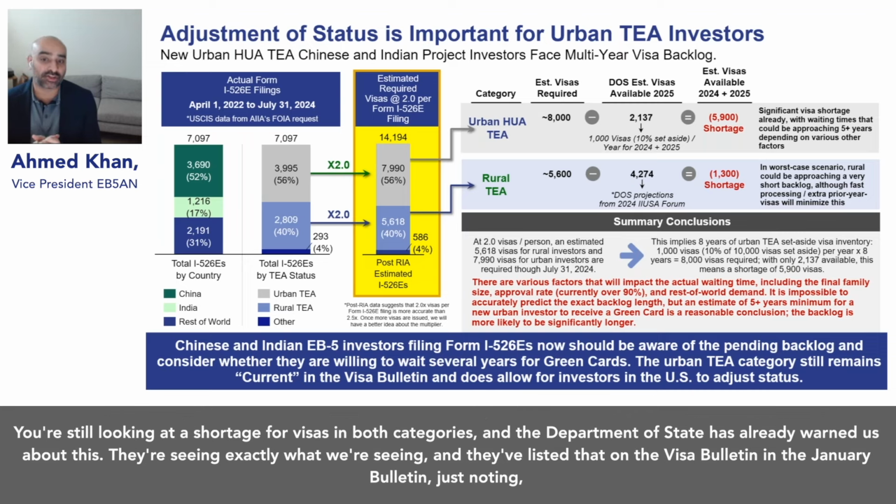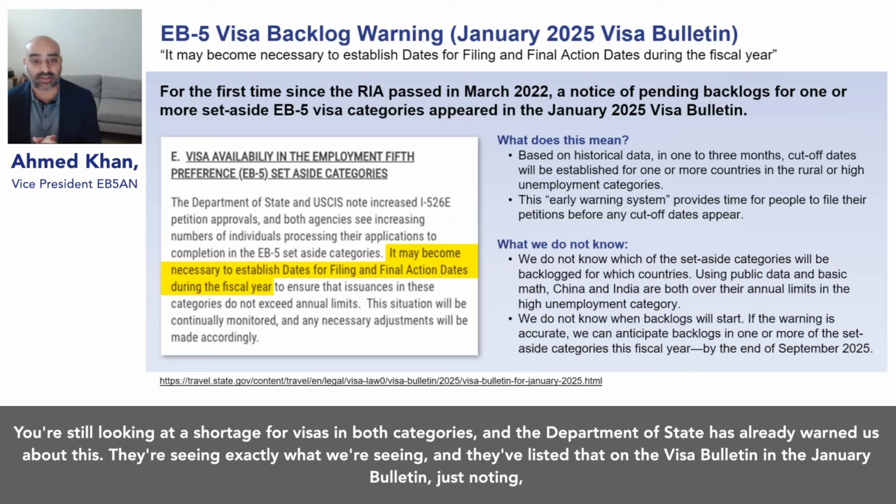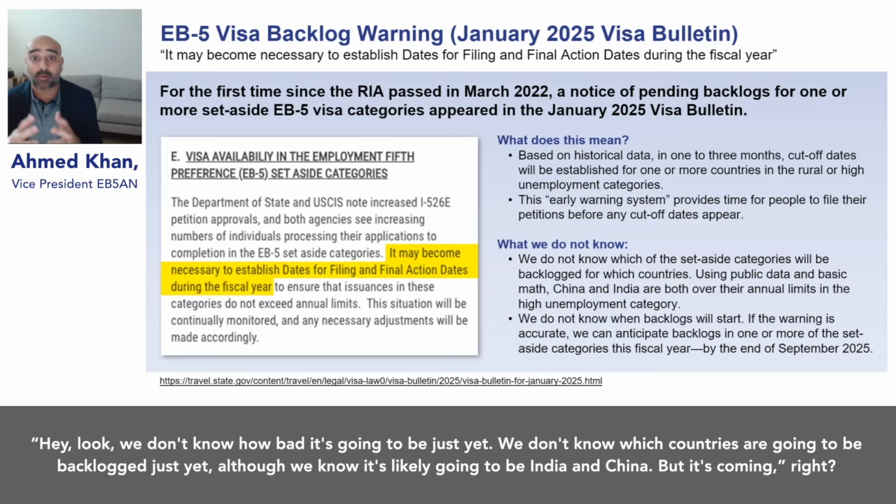You're still looking at a shortage of visas in both categories. And the Department of State has already warned us about this. They're seeing exactly what we're seeing, and they've noted it on the visa bulletin, the January bulletin, saying, hey, look, we don't know how bad it's going to be just yet. We don't know which countries are going to be backlogged just yet, although we know it's likely going to be India and China, but it's coming, right?